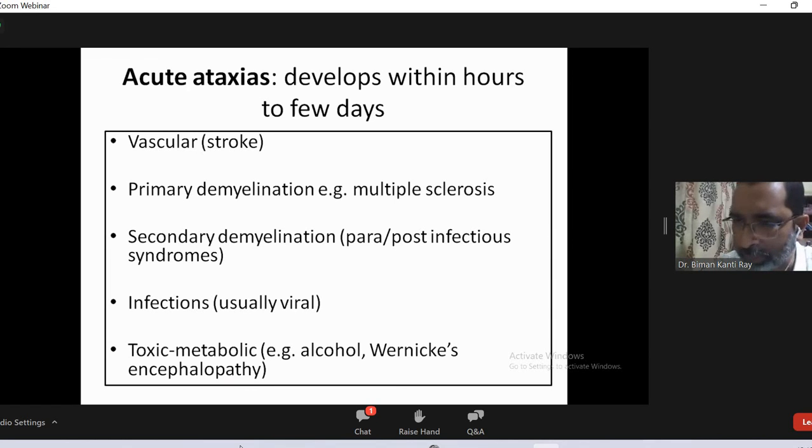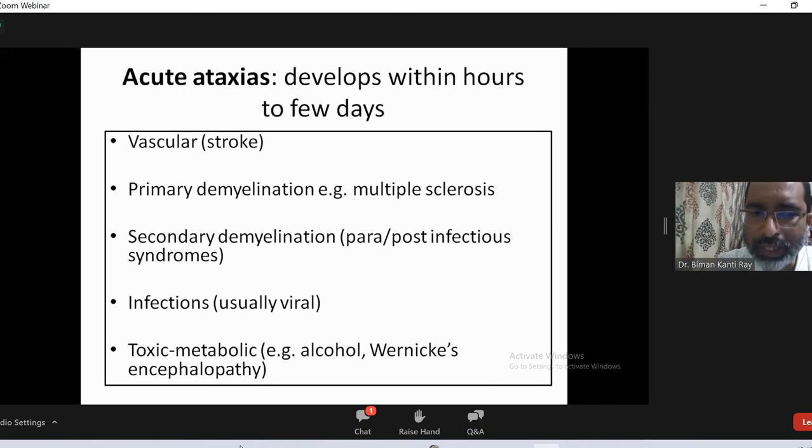So is it a manifestation of a stroke or is it a demyelination? If it is a demyelination, it can be a primary demyelination like multiple sclerosis, like NMO spectrum disorder, like MOG antibody disease, or it can be a secondary demyelination due to some post-infectious syndrome or any underlying collagen vascular disease.